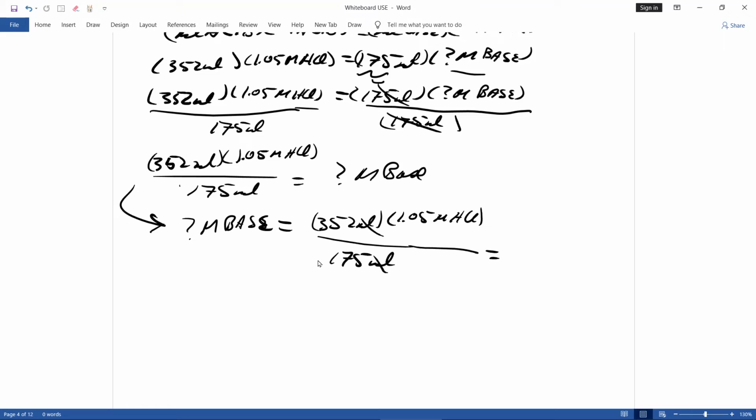Notice milliliters left out. I'm left with molarity, which is what I'm trying to get. And now pick up my calculator, turn it on, clear it. Then my calculator gives me this number.